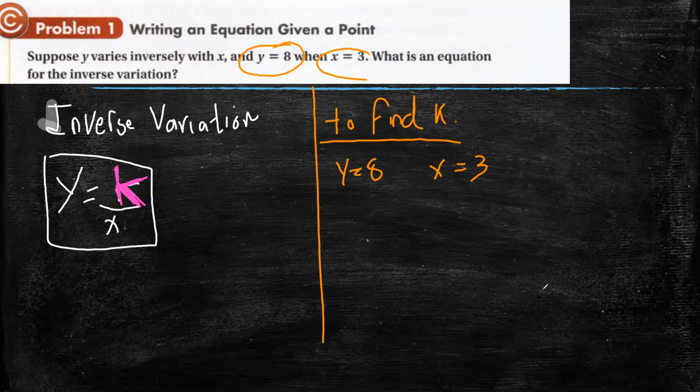If I have y and x, they told me that if you multiply x and y, you get a constant k. So y is k over x. Y is 8, k is unknown, and x is 3. Now, how do you find k?